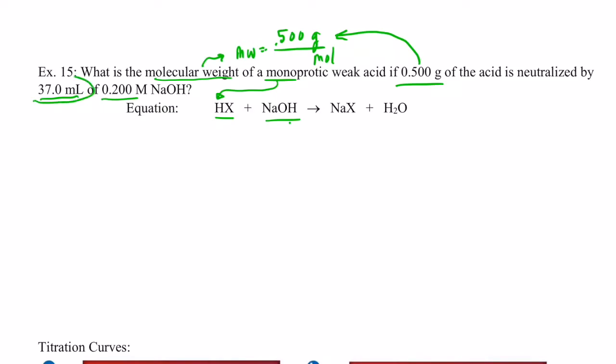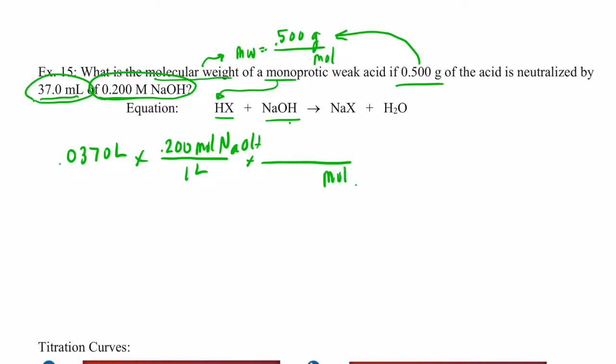And I have the volume and molarity of my base. So let's write that volume in liters. Wouldn't that be 0.0370 liters times the molarity, 0.200 moles of NaOH per liter.